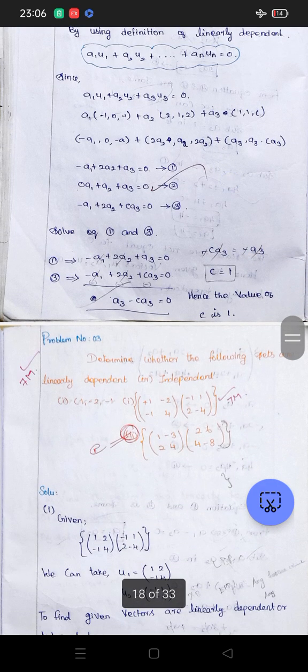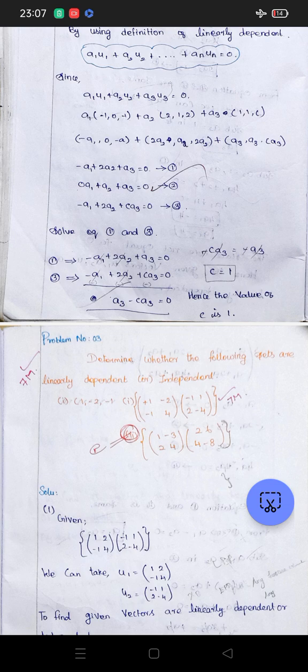Subtracting these two equations, a1 gets cancelled and a2 gets cancelled also. Then a3 minus c a3 is equal to 0, so a3 is equal to c a3. Here a3 gets cancelled, so c is equal to 1. Hence c's value is equal to 1.